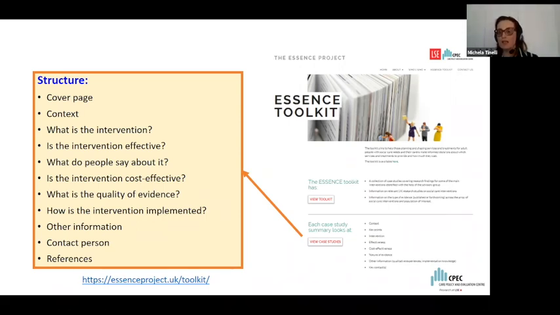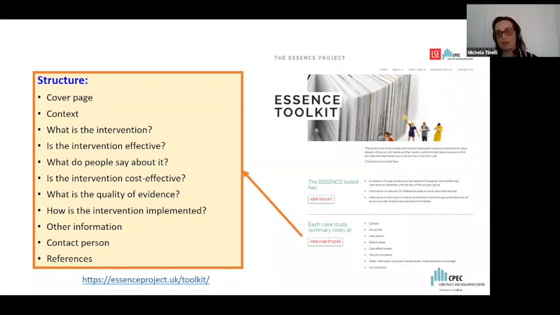Overall, the PDF or the full document covers the cover page, but also we have additional information on the content and on the context. We have information on the intervention, a brief description of what type of intervention is presented, and whether the intervention is effective. We also want to present any experience from people who have received the intervention, quotes, and so on.